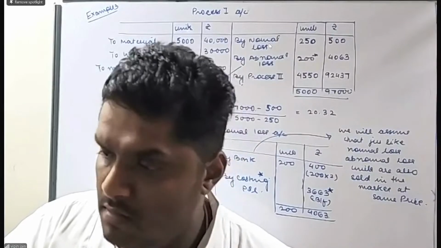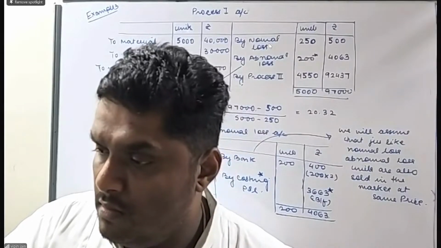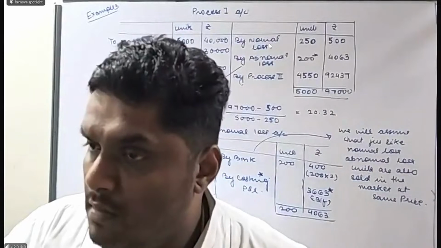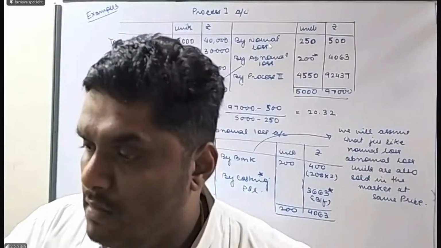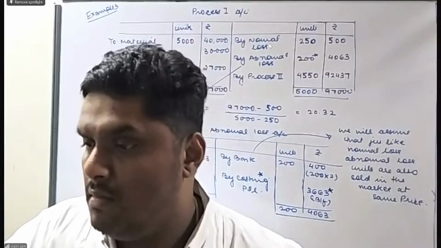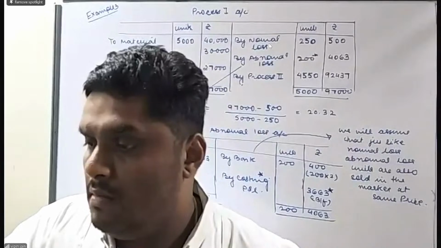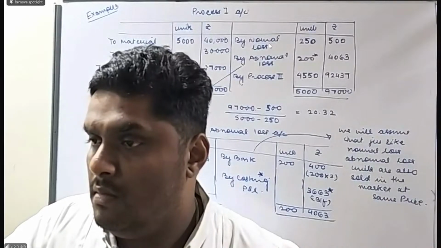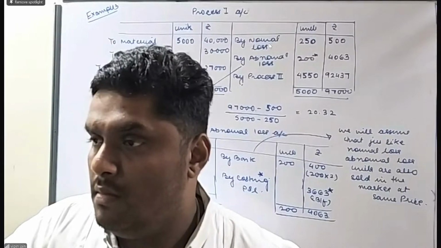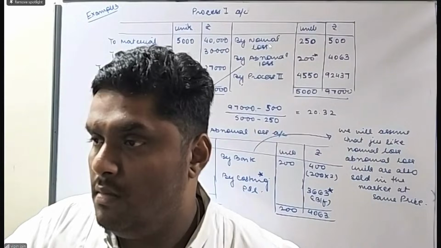Whenever you are calculating equivalent unit, you have to focus on WIP and the labor and the overheads. Since material is normally 100% used, you have to focus on how much labor and overhead is used and how much WIP is completed.